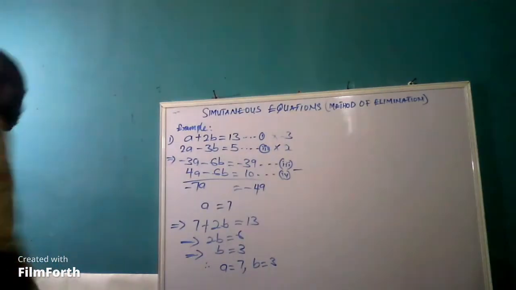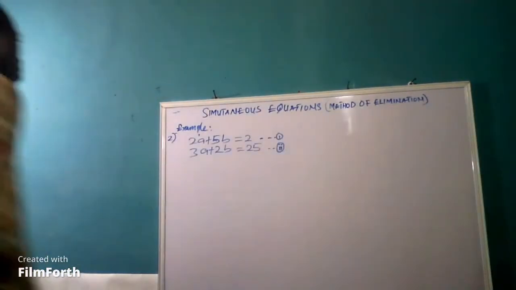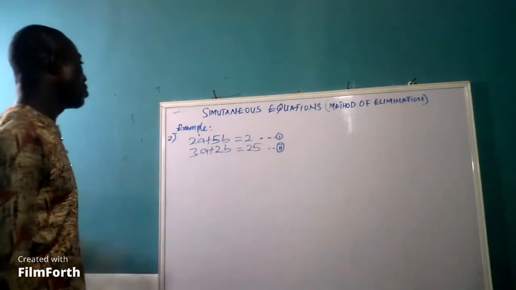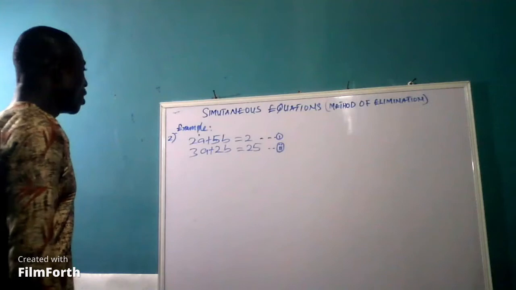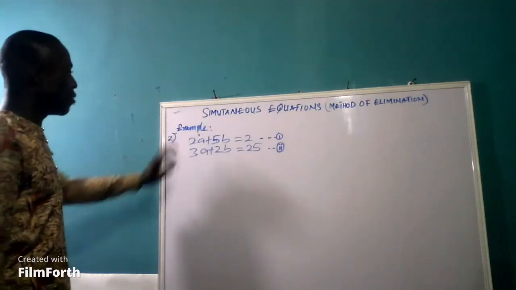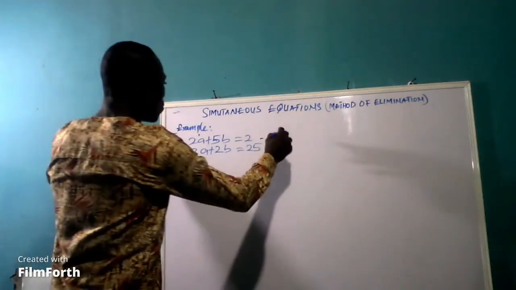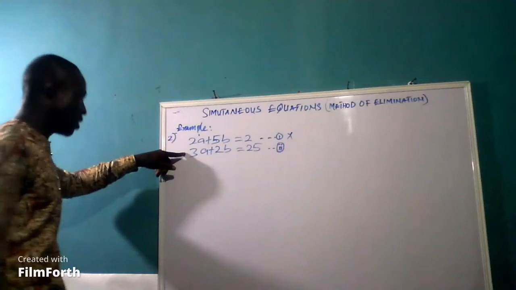Now let's take another example. This time around, since I'm permitted to choose any variable to be eliminated, let me choose variable a. In order to eliminate variable a in this system of equations, what do I do? The same way, you multiply the whole equation 1 by the coefficient of a in equation 2.